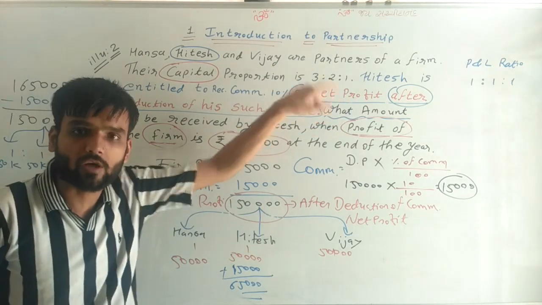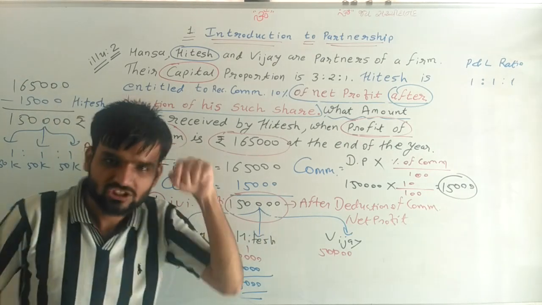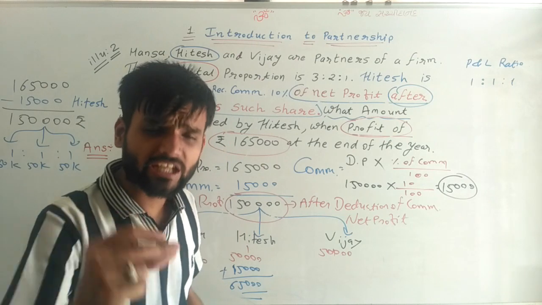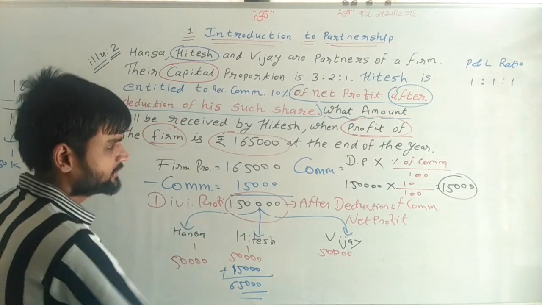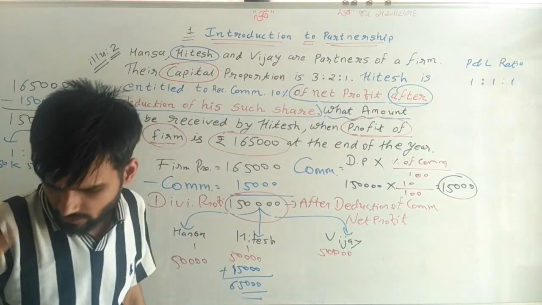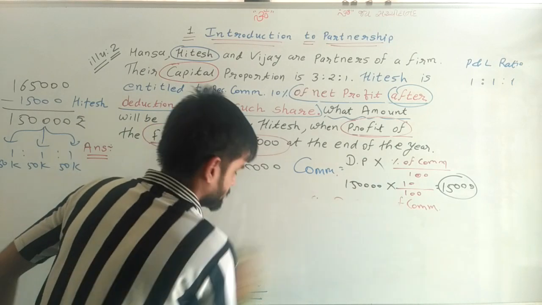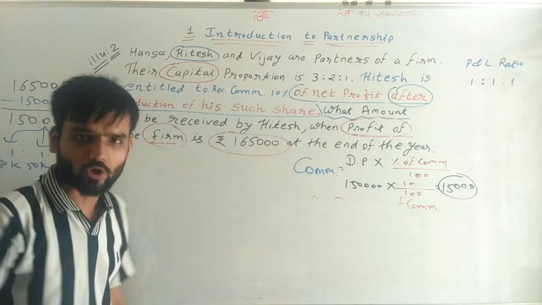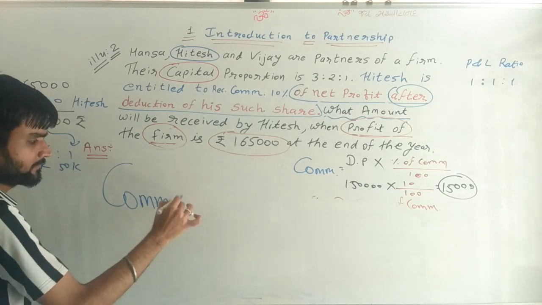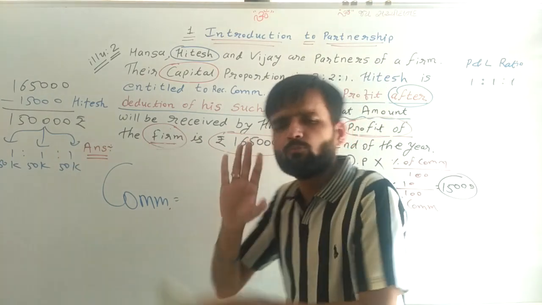And after deduction of commission, 10% of what? After deduction of such commission. And that's why I made two formulas for that. Again, I am repeating that formula. This concept is 100% clear to you, that I am sure. Now again I am writing the two formulas of commission. Sir, to find commission, for weak students and all students, this is a very important thing.